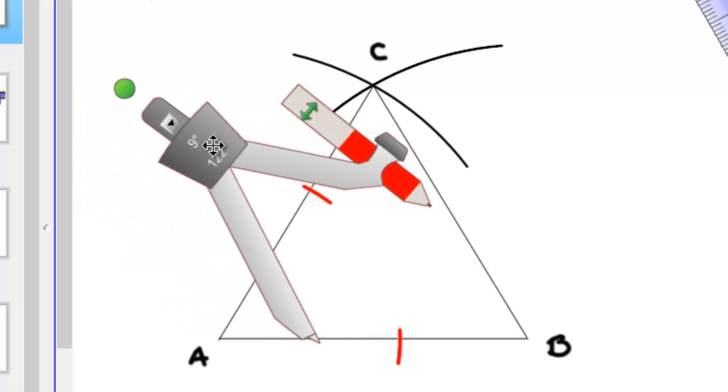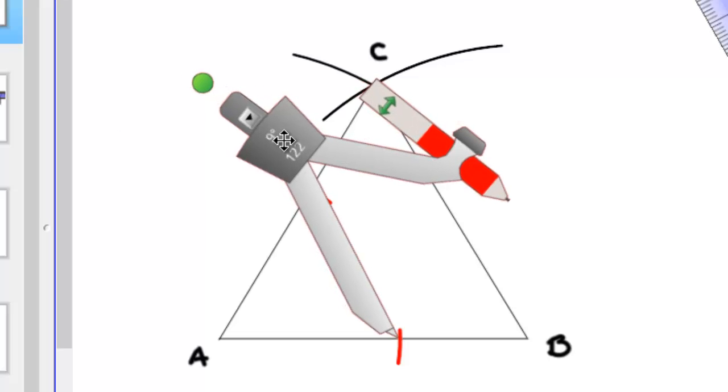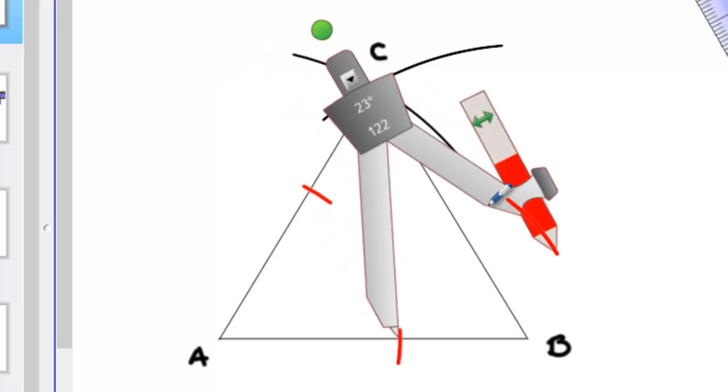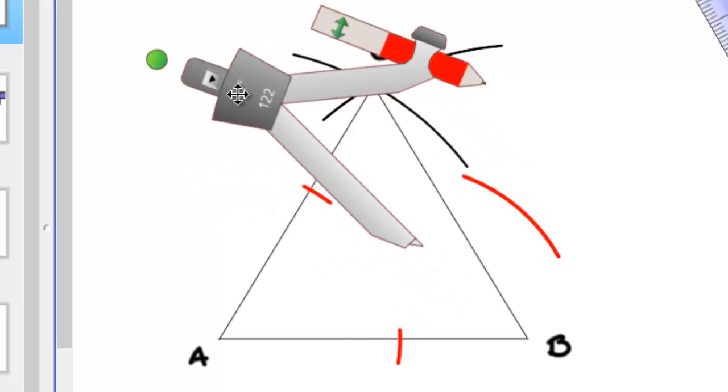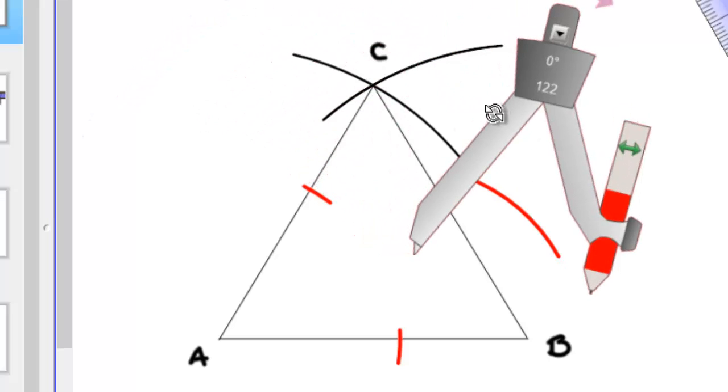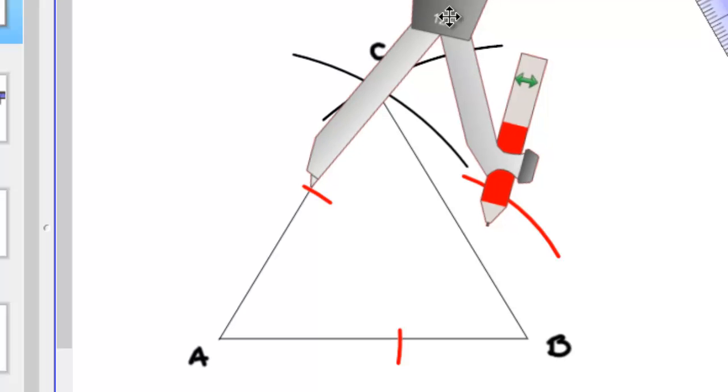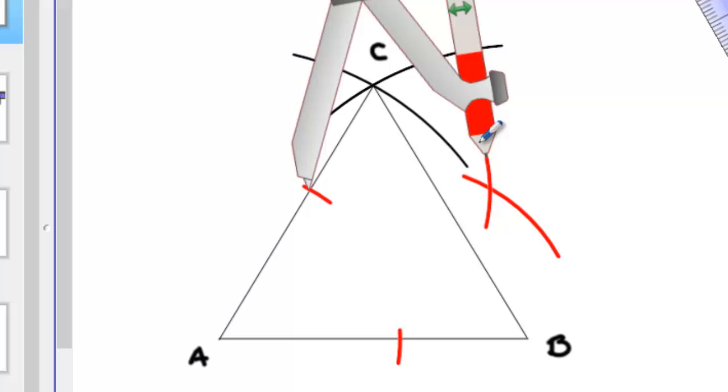Then I take the metal point to this intersection point and I create another arc, and I do the same thing. I don't change the opening. This is a condition. And I draw another curve.